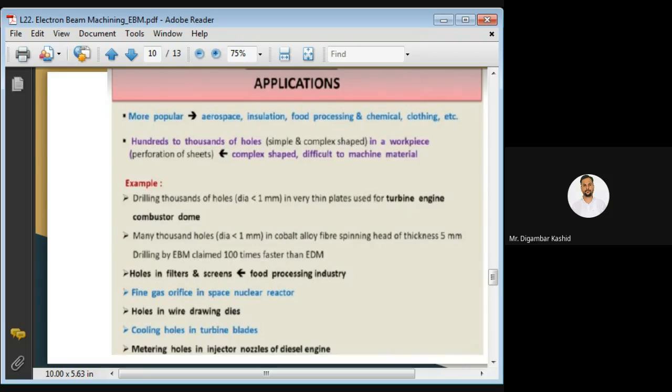Hundreds to thousands of holes can be generated on your workpiece surface, and simple and complex shaped holes can be generated.